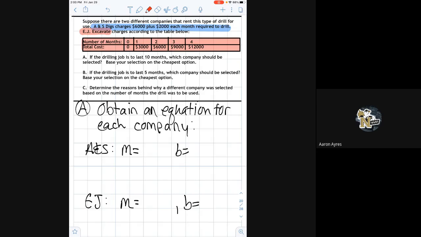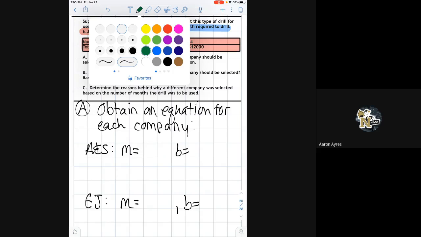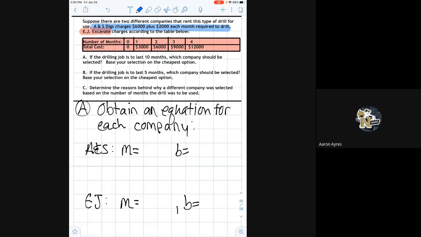Are we ready? Okay. I'll ask for the A and S equation from the blue group. Can somebody in the blue group give me the slope, and only the slope for the A and S company? What's the slope from your equation? 2,000. Very good. And how are you able to get that, Shelby?